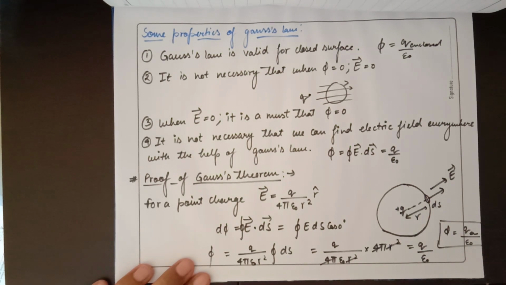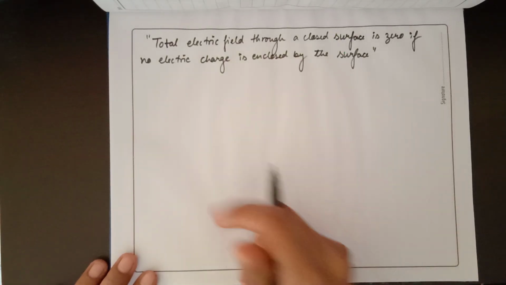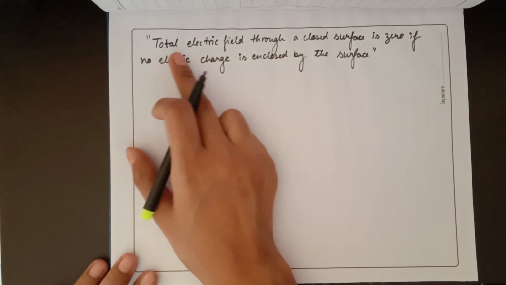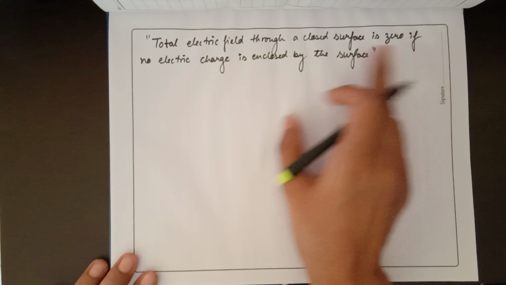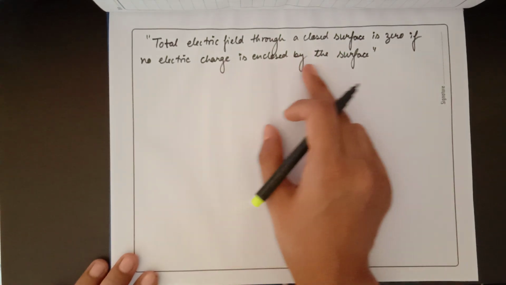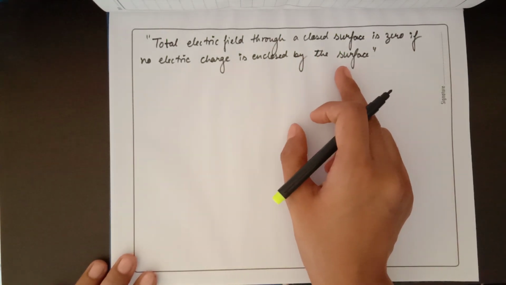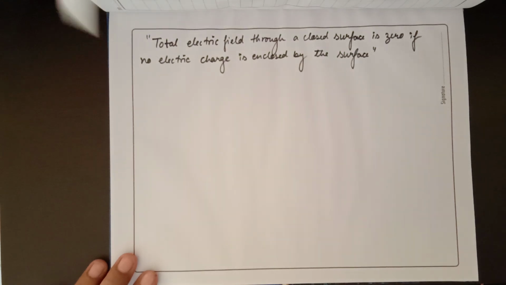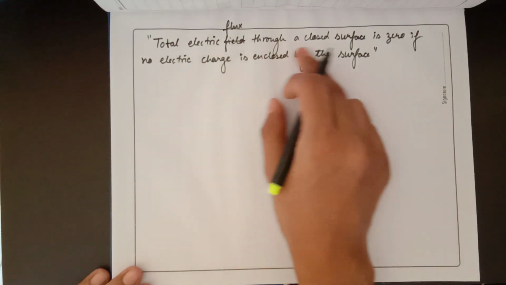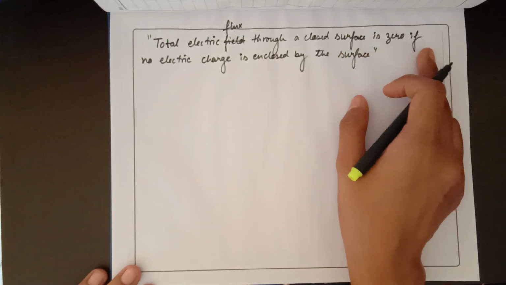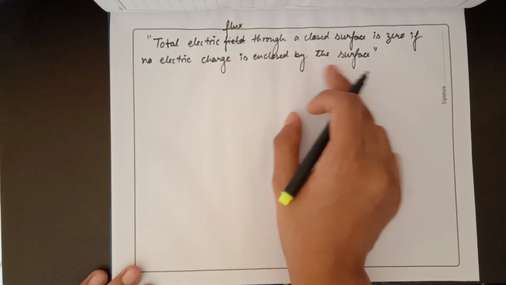We can make a conclusion out of this, that is, total electric flux through a closed surface is 0 if no electric charge is enclosed by the surface.